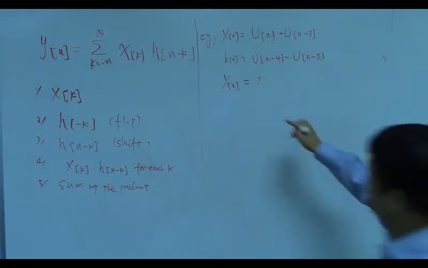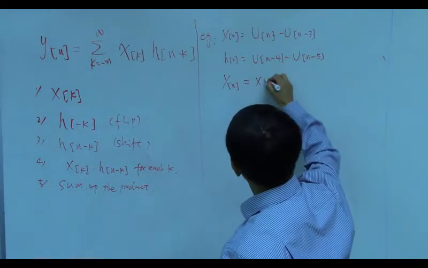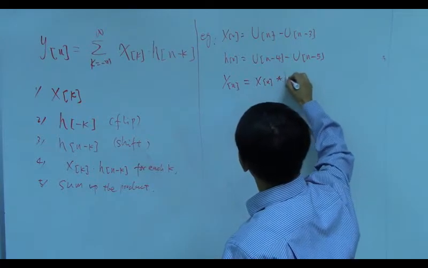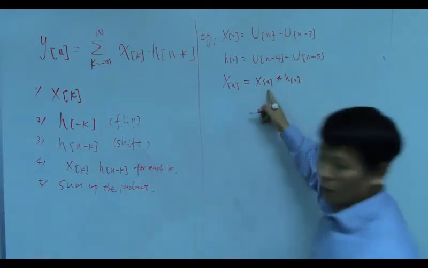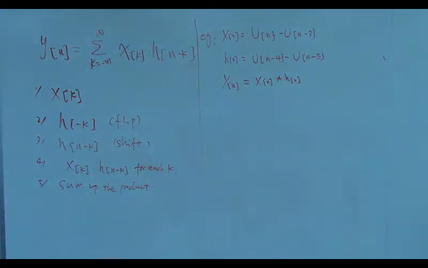And we know this one, y[n] equals x[n] convolved with h[n]. So I need you to evaluate the convolution. Everybody get a piece of paper and do it. Follow the steps on the left. You need to practice by yourself to be able to do it, right?